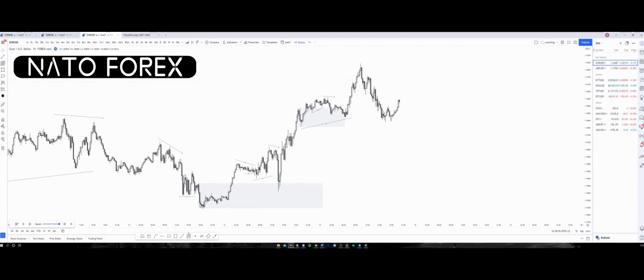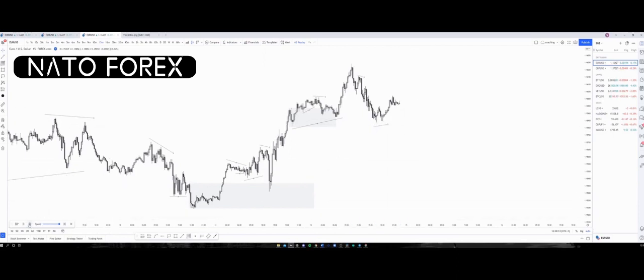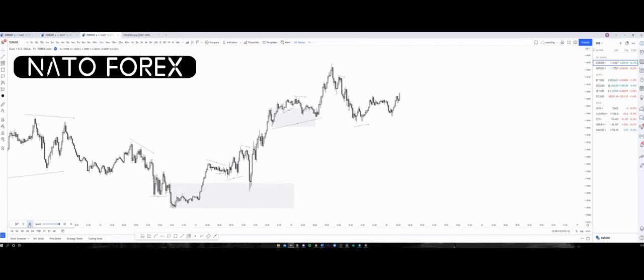But we have this point of liquidity, inducement, whatever we want to call it, below this to come into this range here. And we've already generated liquidity down here that can be our target.